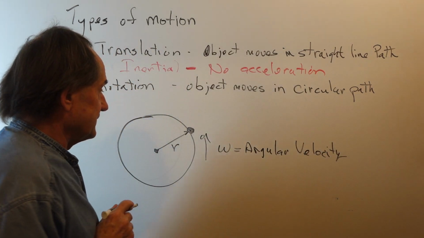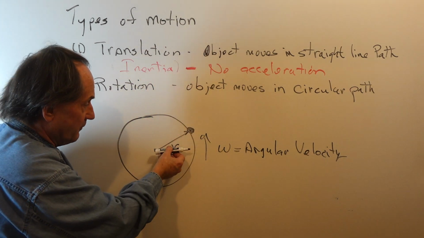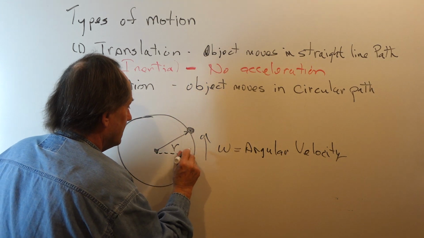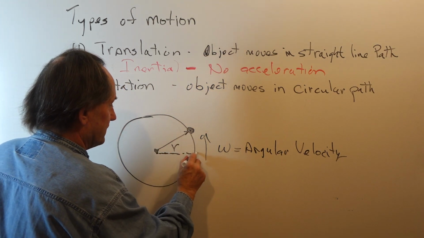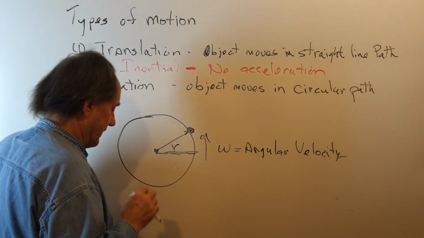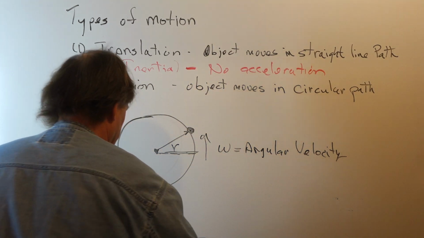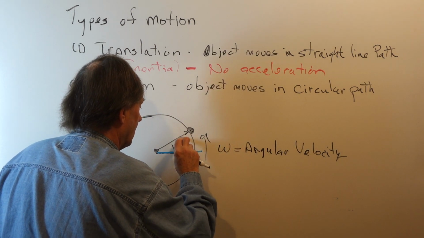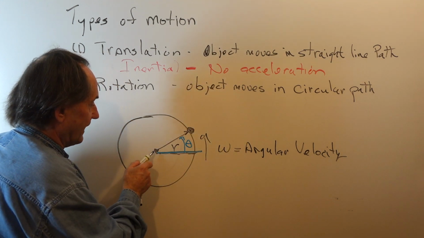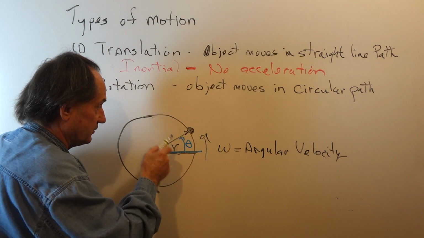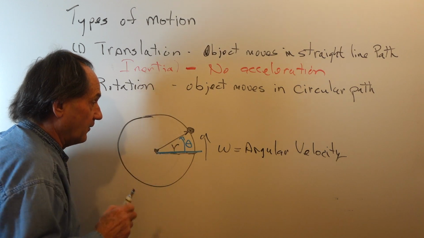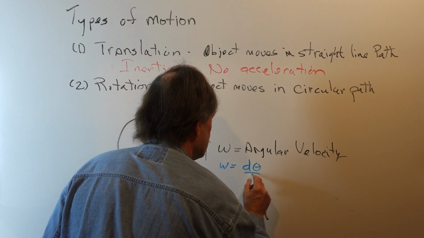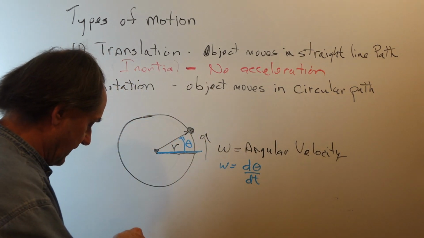And angular velocity is just the time rate of change of the angle with time. If I designate a reference point, say this horizontal line is my reference point, then if I measure from this reference datum an angle, say theta, to the line from the center of the circle to the object, that angle we call theta, and omega is the time rate of change of the angle with respect to time.